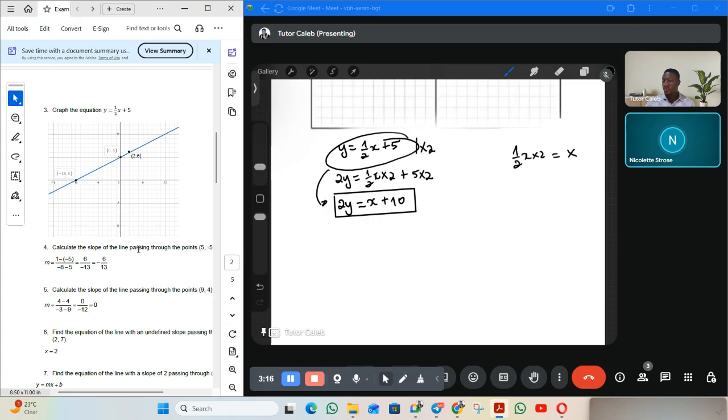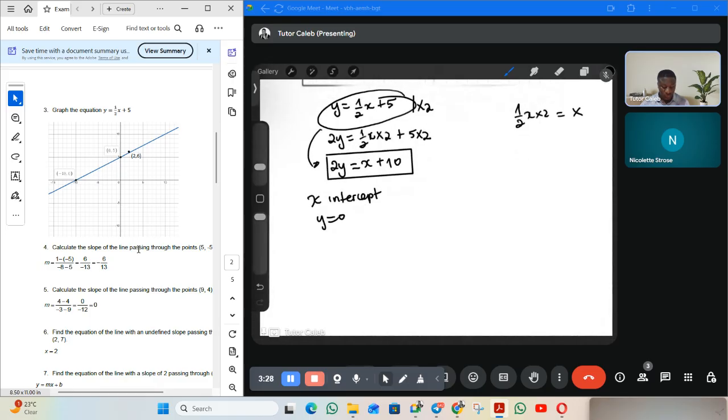Okay. Now I can find my intercepts. X-intercept: y equals 0 at the x-intercept. So I have my equation 2y equals x plus 10. Wherever I see y, I put a 0. So I'll get 2 times 0 equals x plus 10.